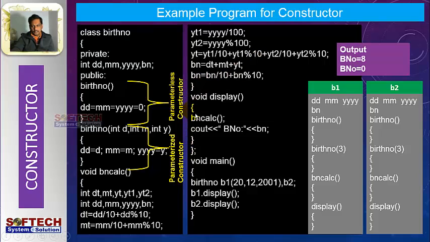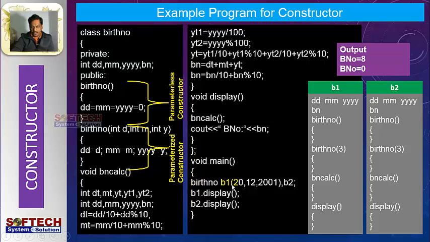Already we discussed it in the previous example. The fourth method is display. The display function calls the pn calculate function. After calling this function, we get the output from bn, declared as output. Void main, birth number b1.